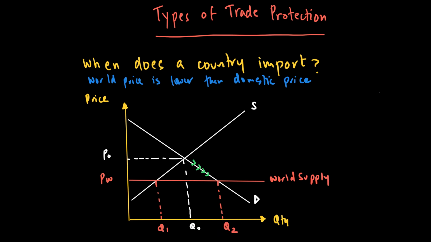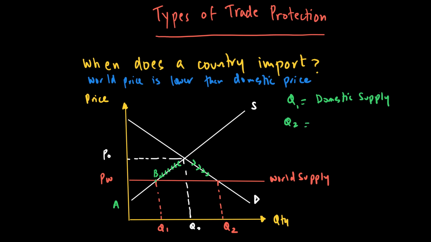Similarly, because now the world price is PW, some domestic producers who are not able to match the price because the price is too low will go out of market. So only Q1 producers who are having a supply curve from here, let's call this point A, from A to B are the ones who are able to match the price PW, and therefore Q1 is what we call our domestic supply.